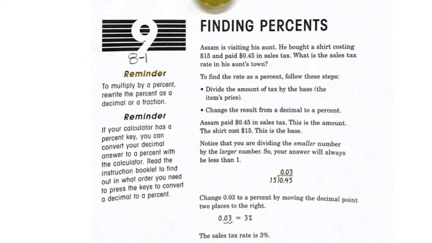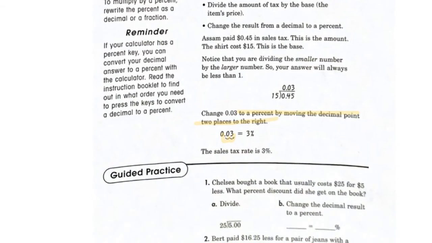So on your calculator, if you take 45 cents divided by 15, you get 0.03, and that is 3 hundredths. You change the 0.03 to a percent by moving the decimal 2 places to the right. So if you notice, they moved it 1, 2, and 3%. So the rate of tax is 3%.